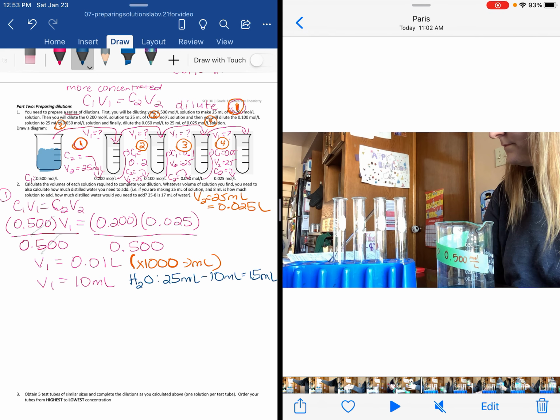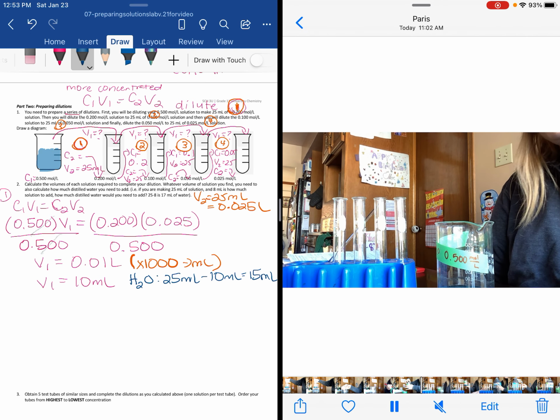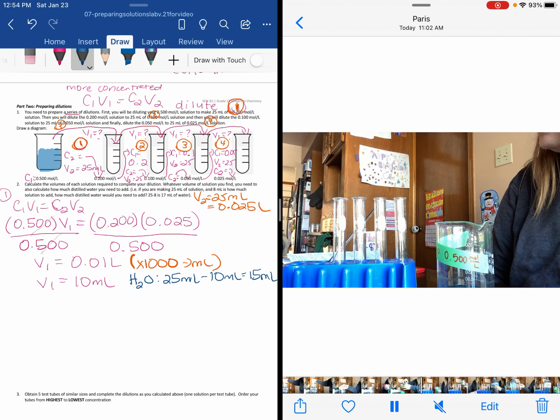It's just subtracting. So unlike the solid, which by definition, solids have to fit in between the water molecules, you don't change the volume. Whereas with a solution, it is going to change the volume. So again, if you haven't watched that preparing solutions video, go back and do that, because practically that's an important difference. All right, so let's watch me make my 0.2 molar solution.